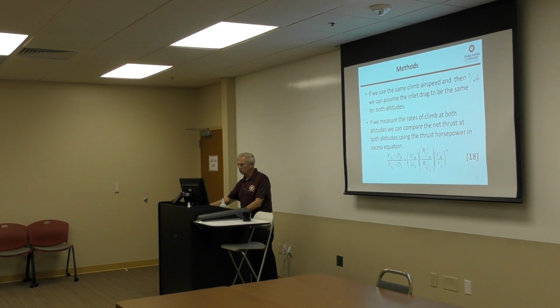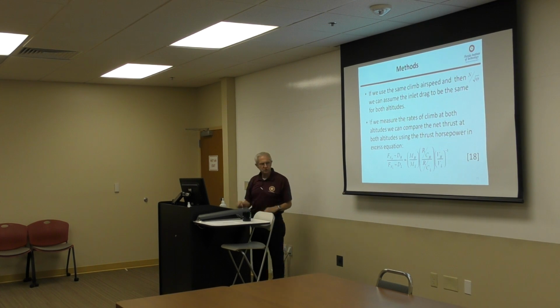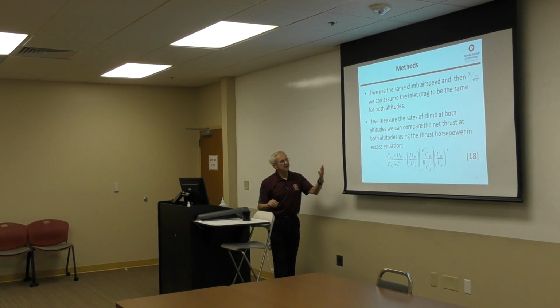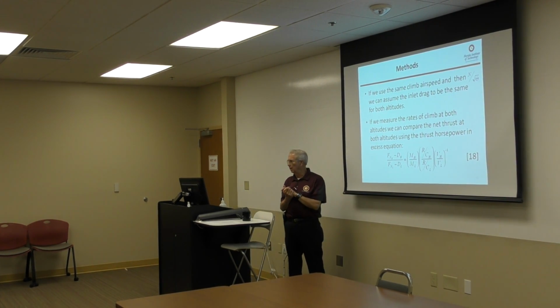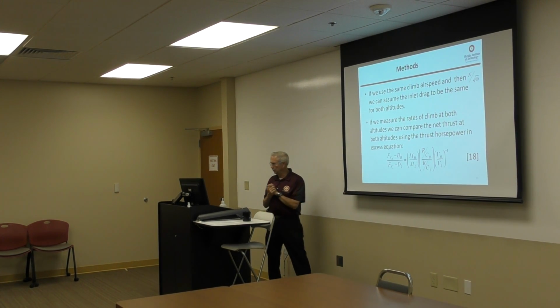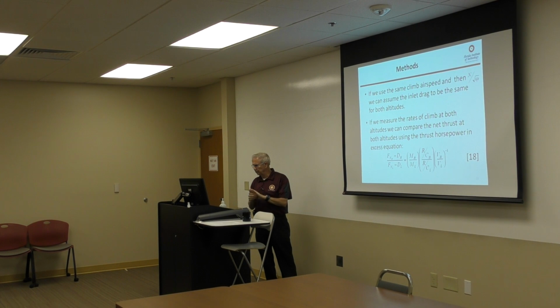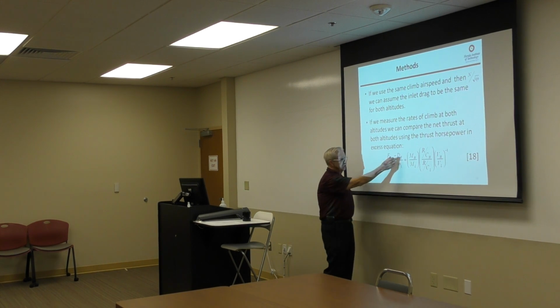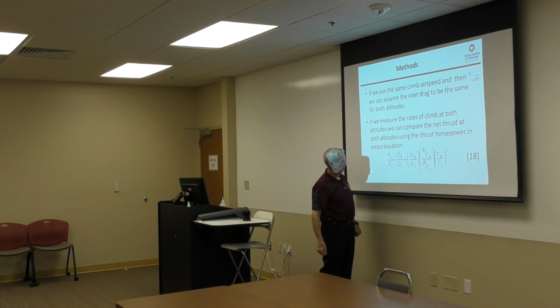And here are the equations that do that. We use the same climb airspeed and the same referred engine speed. We can assume that the inlet drag is going to be the same at both altitudes. Okay, and then if we measure the rates of climb at both altitudes and compare the net thrust at both altitudes using the thrust horsepower and excess equation, where the H and the L in these terms mean high and low, okay?